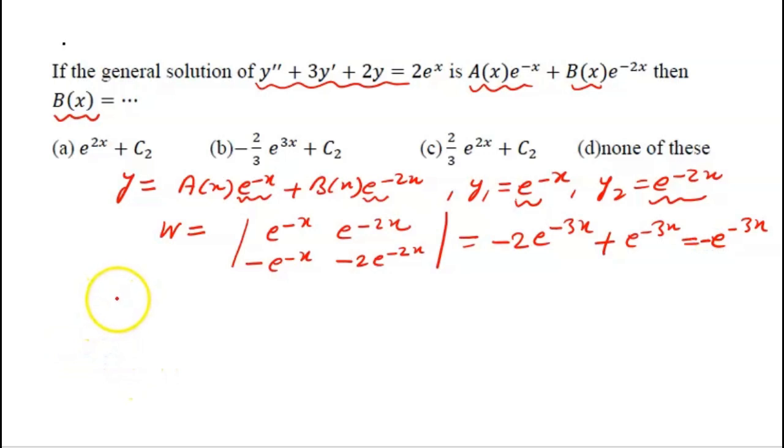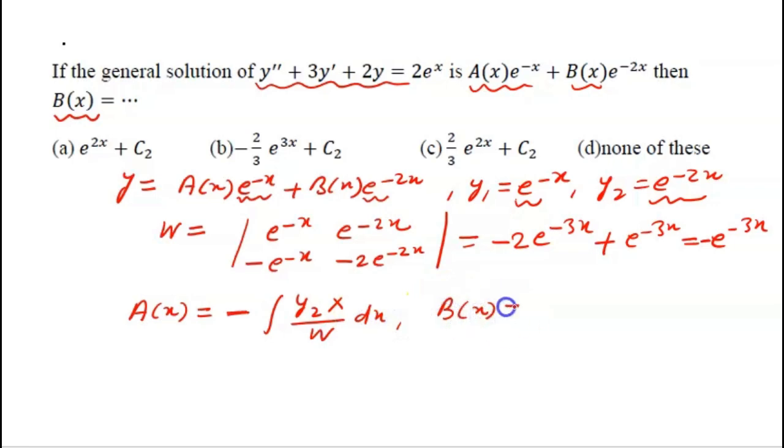And now when we have to write ax or bx, this is how the ax is defined. Ax is defined as minus integral of y2 x by w dx. And how is the bx defined?